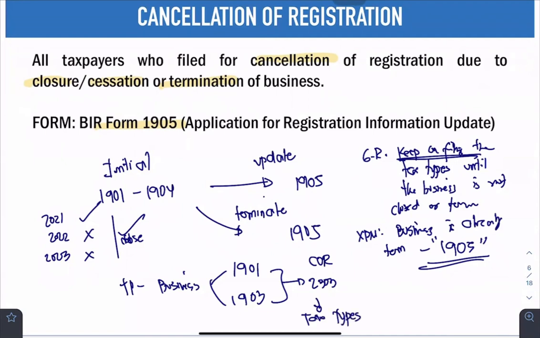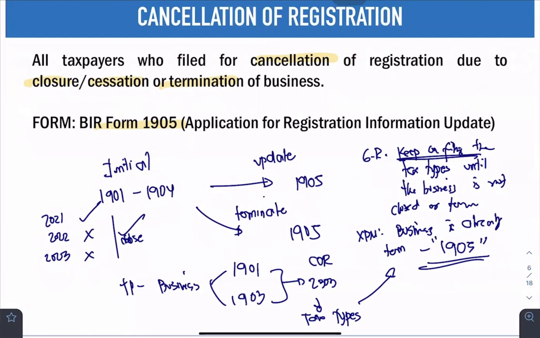Now, in your tax types, if you don't cancel your 2303 or you don't terminate your business, you should keep on filing those tax types. But once you already terminate your business using BIR Form 1905, then your requirement to file those returns is already extinguished.